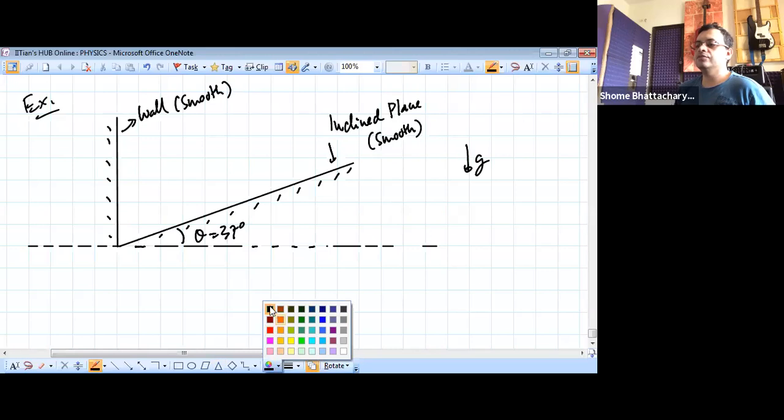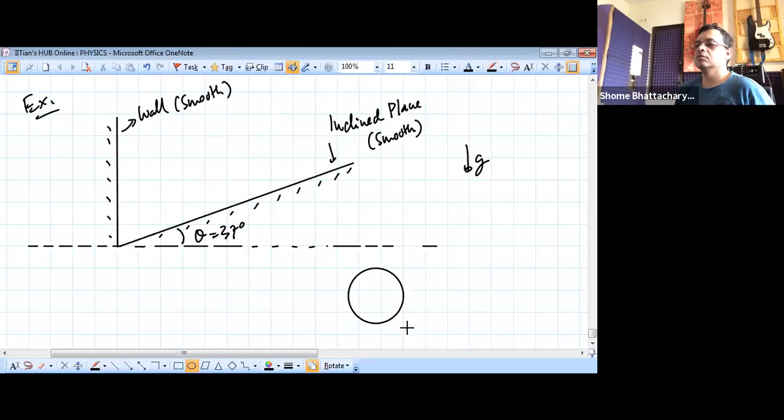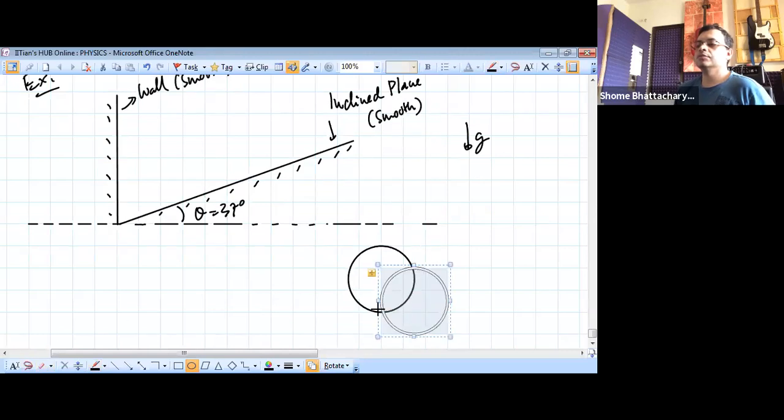Now we have a cylinder which is resting. Oops, just a moment. Too many cylinders, just need one. Okay, so the cylinder is resting like this.